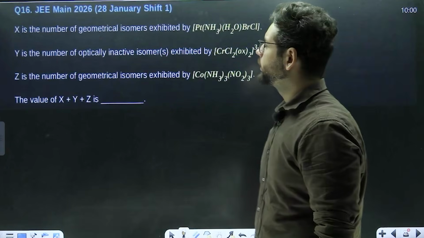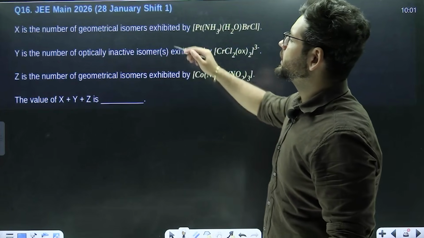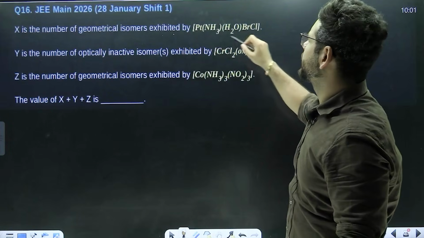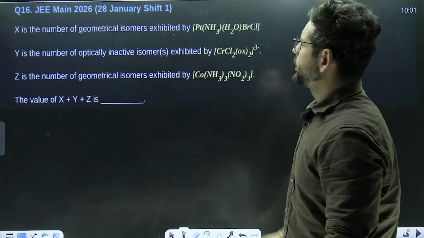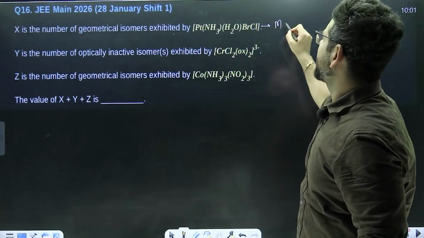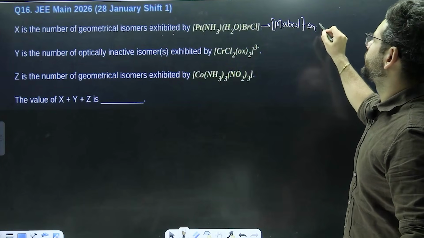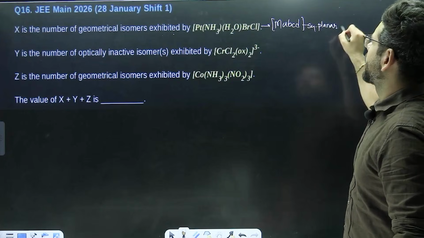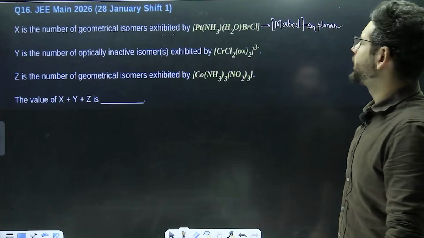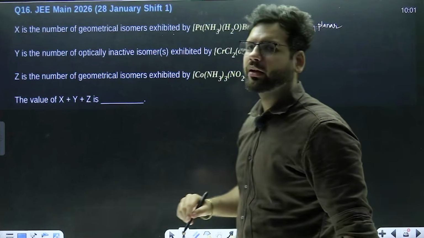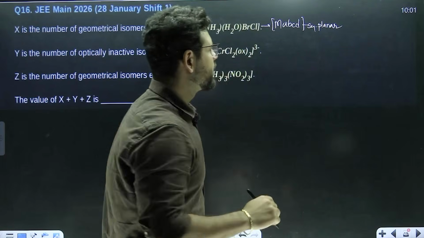And the next one is X, the number of GIs exhibited by this compound. This compound is a MABCD type square planar compound. And you know that here there are 3 different geometrical isomers possible.